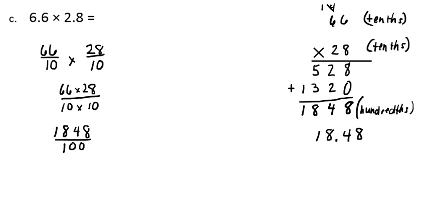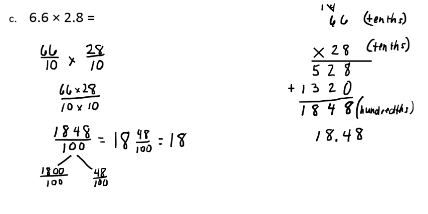Again, I can use a number bond to show how many wholes I have. Well, if it takes 100 to make a whole, I can use 1,800 hundredths to make my whole number of 18. That leaves 48 hundredths as the fraction, and as a decimal, that would be 18 and 48 hundredths. So again, the two answers match.